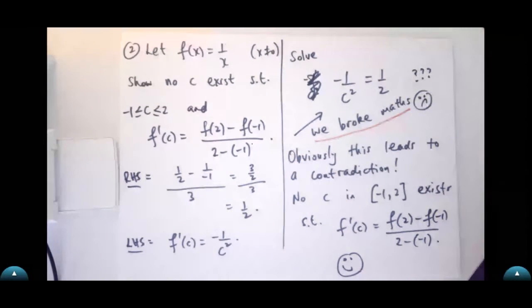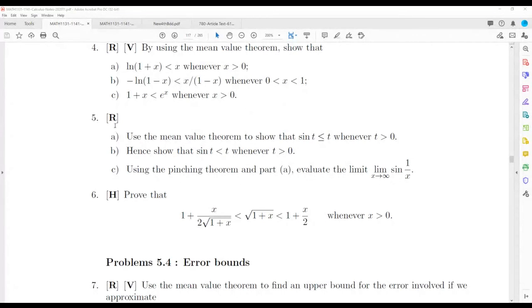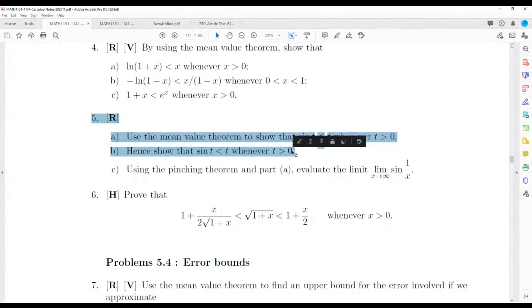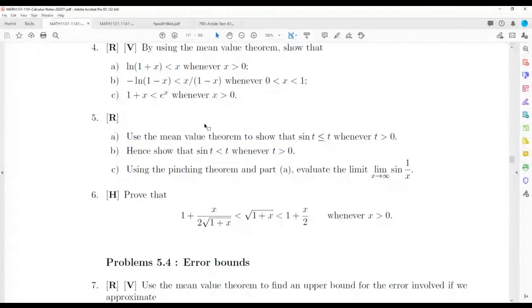Cool. Cool. All right. So let me show what you can do with the MVT. So let me go back to my PDF. Okay. So I think question 5 is a good one. What I would like to do, I'll do parts A and B, and I'll leave C for you to do.